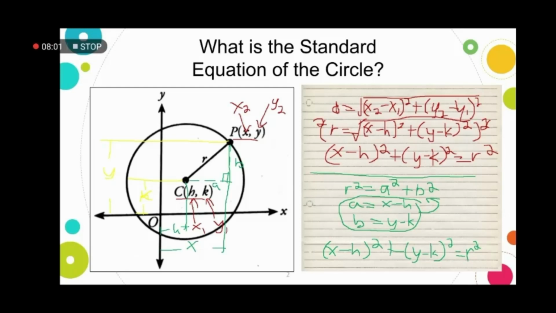As you can see, we can use the distance formula and the Pythagorean theorem to prove how the standard equation of the circle is formed.